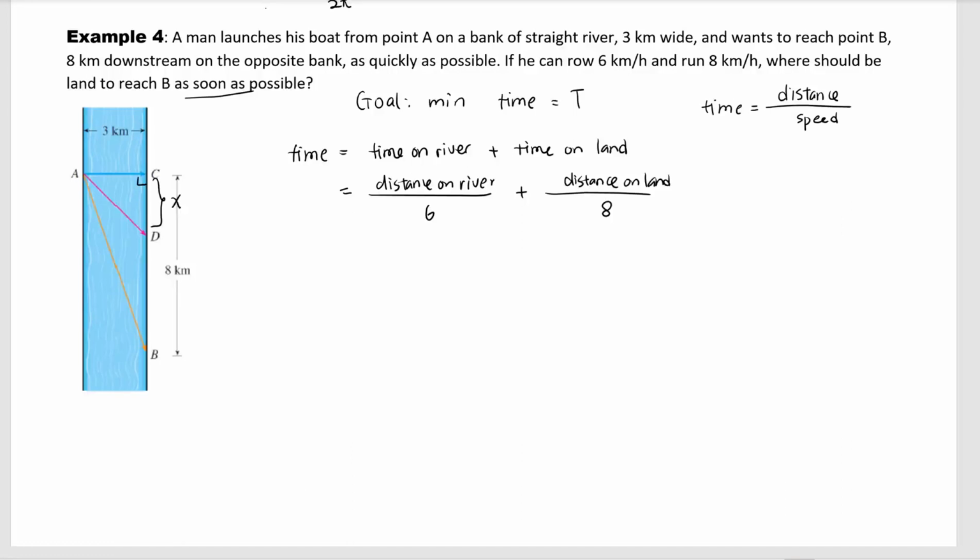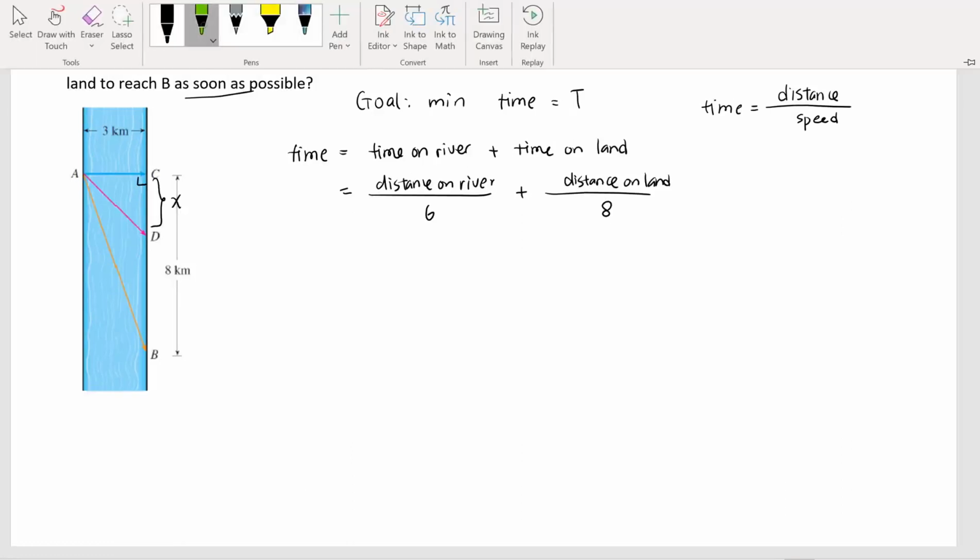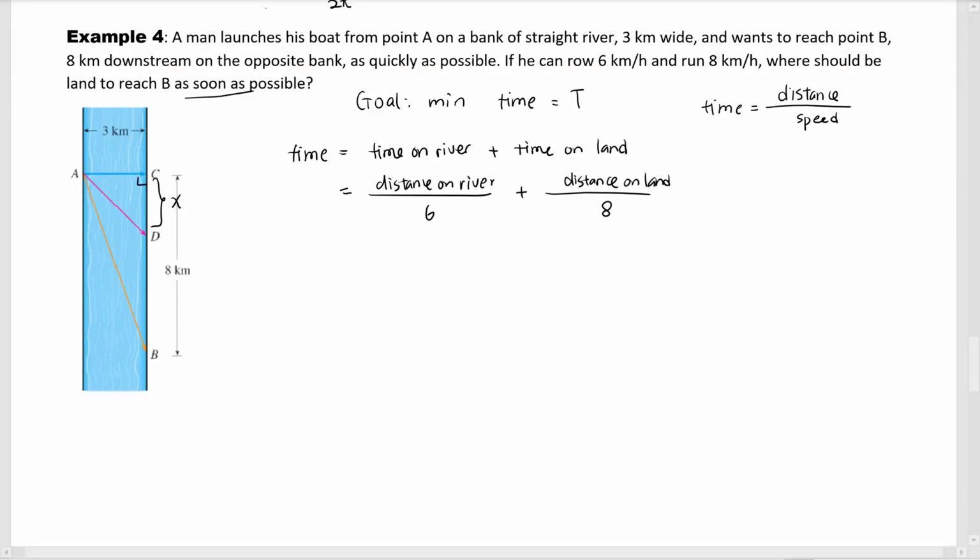Here we look at the triangle ACD. This is x, this is 3. So the distance on the river is AD. What is AD? Well, square root of x squared plus 3 squared, that's 9. So we have square root of x squared plus 9 over 6.